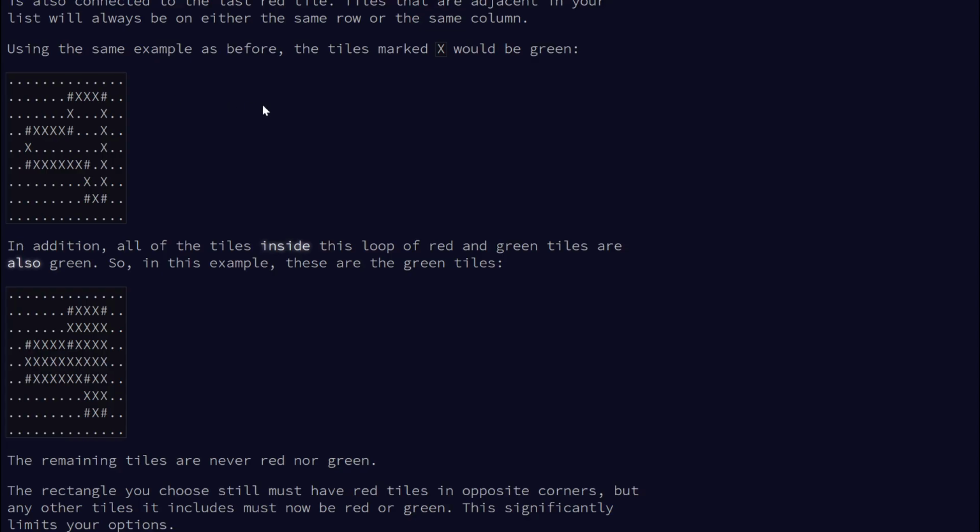I'm not sure if that would be helpful, because it would let me detect a spike coming up from the bottom into this area. But that's still not enough to tell me, you know, are there any tiles? Well, maybe it is.